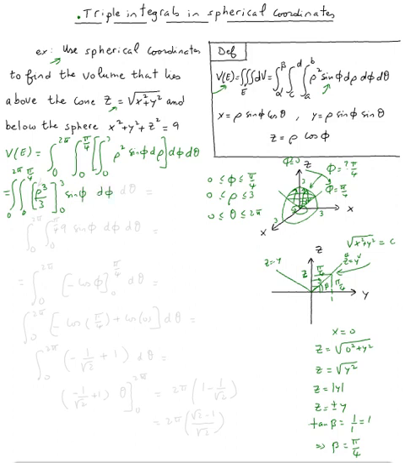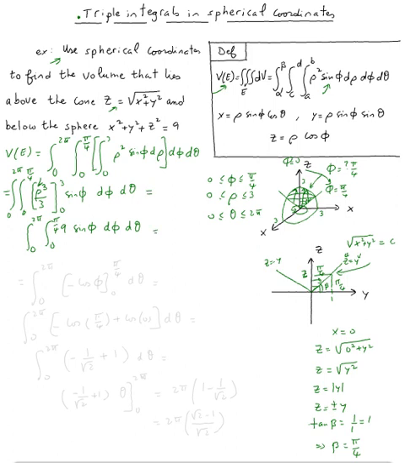And then d phi d theta. If I plug in 3, I get 27 over 3, which is 9, minus 0. So 9 sine phi d phi d theta. Phi goes from 0 to pi over 4. Theta goes from 0 to 2 pi.